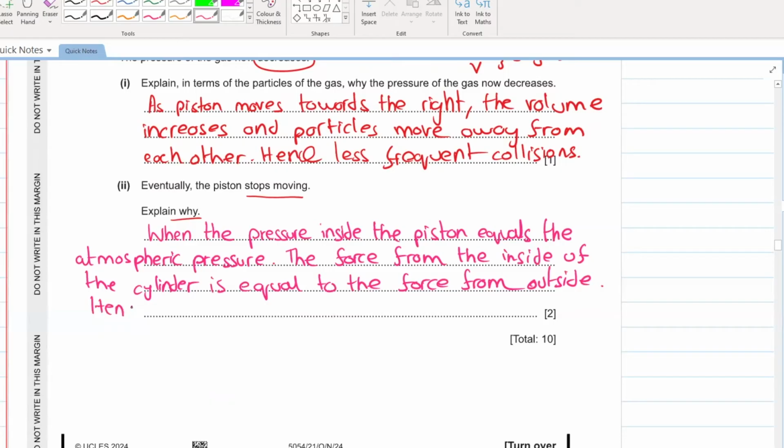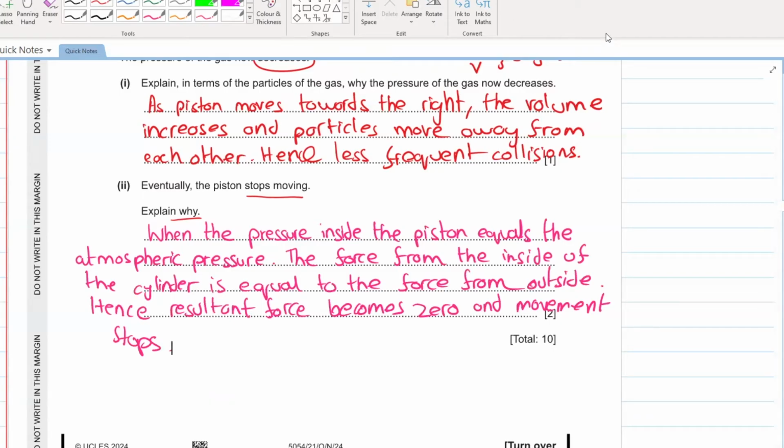Hence, the resultant force becomes zero and movement stops. This is an A star answer.